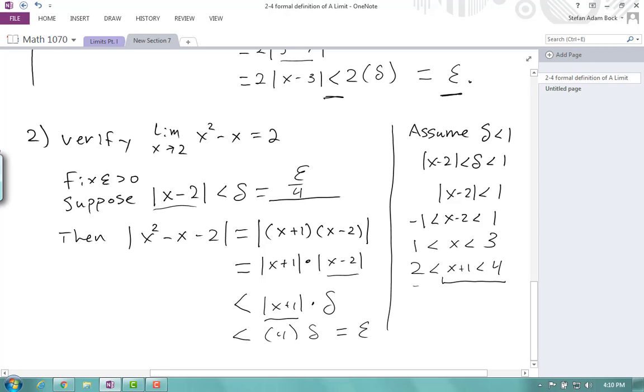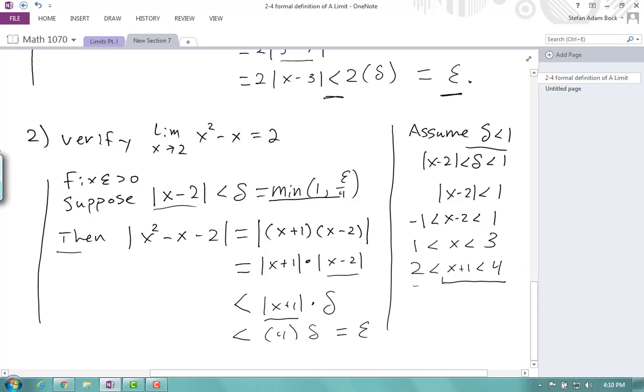So now if I reread this, now that I've done my work, I should have: fix epsilon greater than 0 and suppose that the absolute value of x minus 2 is less than delta, which is equal to, probably not epsilon over 4, even though that's what I found, because I made a further assumption. So I'll say the minimum value of 1 and epsilon over 4, just in case somebody gave you a really big epsilon.